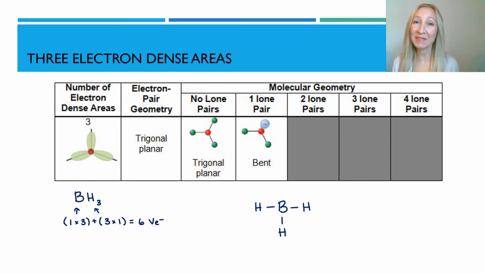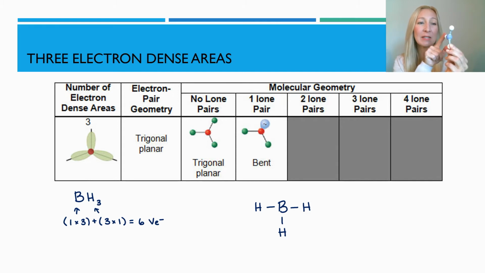Okay, hopefully you have something like this. Now, the three-dimensional structure of that molecule might look a little different than your drawing. So this is the three-dimensional structure of BH3, and you'll notice that it exists in a plane, so it's kind of flat looking. And if we were to turn it, we would have three kind of spokes outside of that central atom, and all of those spokes are 120 degrees apart.